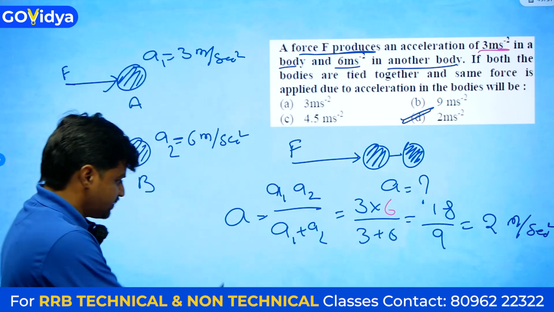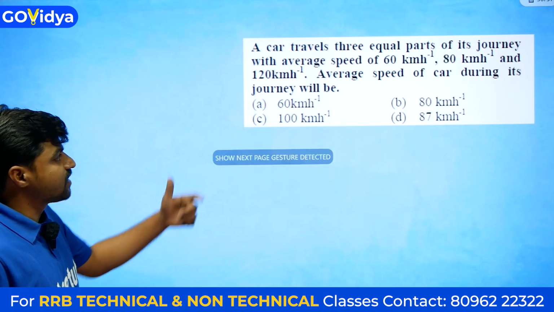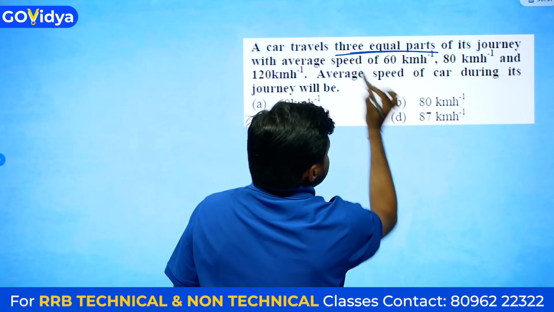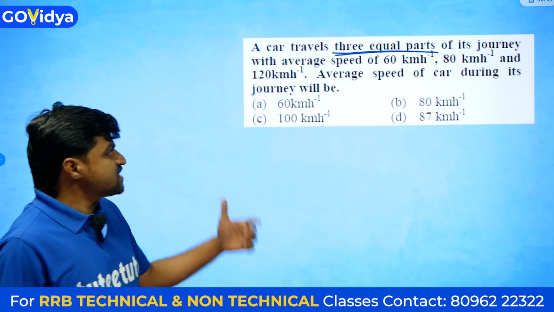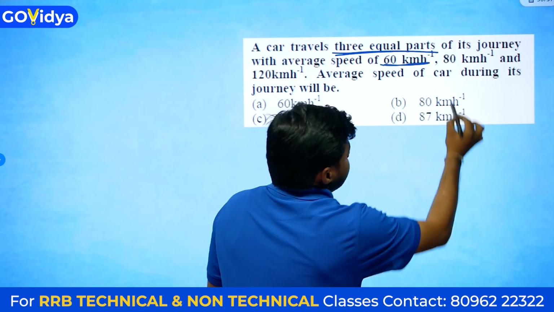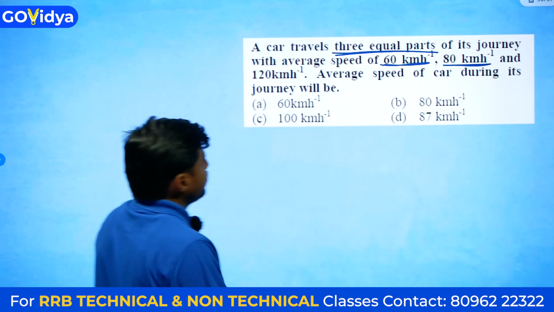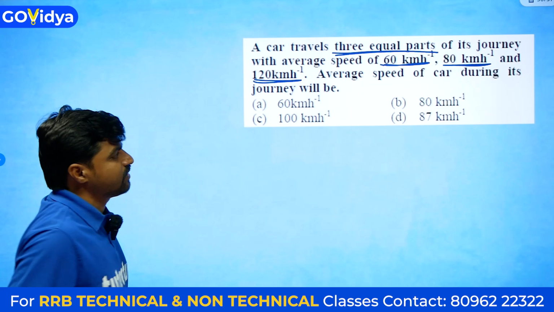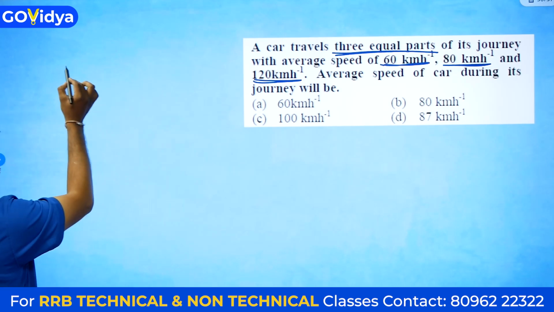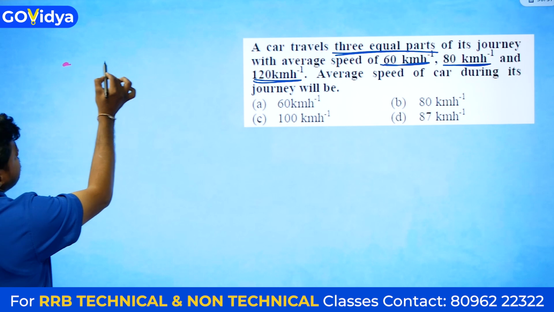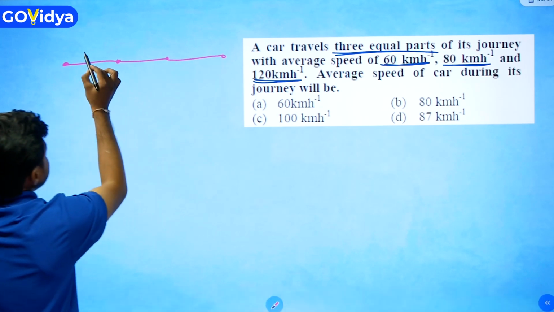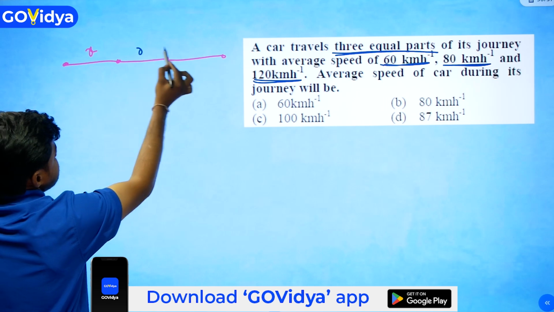Okay, next question. A car travels in 3 equal parts of a journey with an average speed of: first part is 60 km per hour, the next part is 80 km per hour, and the last part is 120 km per hour. What is the average speed during the journey? See, there are 3 equal distances. Let us say this is x, this is x, x.